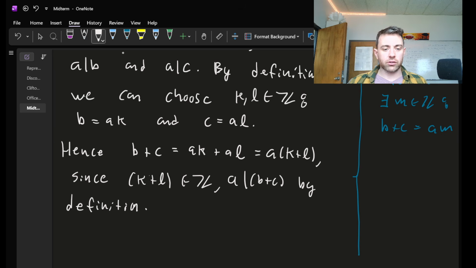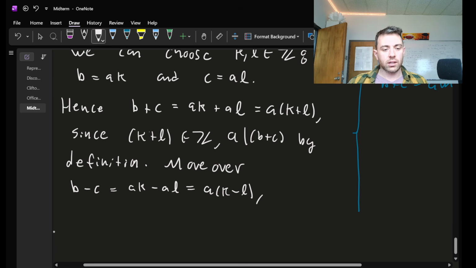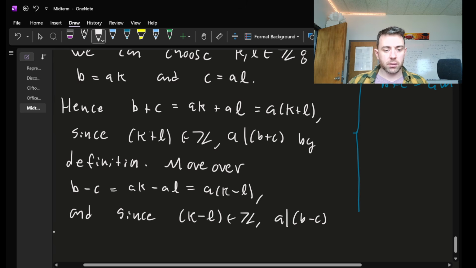We have one other thing to prove. So moreover, let's tell the reader about B minus C. Well, B minus C is AK minus AL. Same thing is true. This is just A times K minus L. And so we could say, since K minus L is an integer, A divides B minus C by definition.